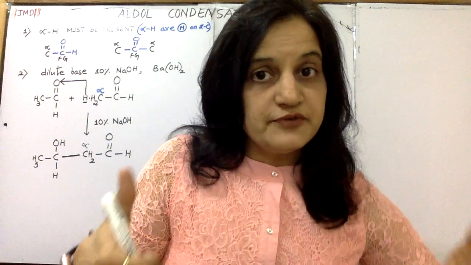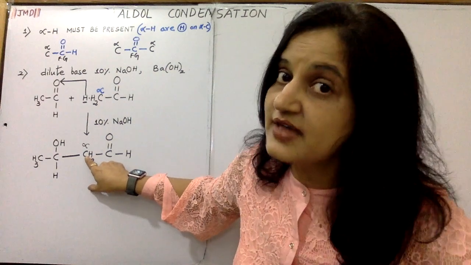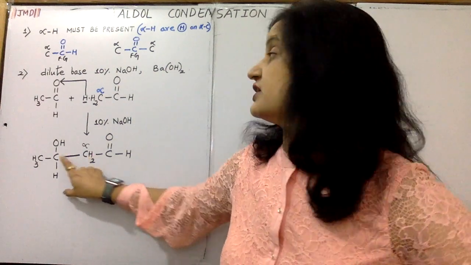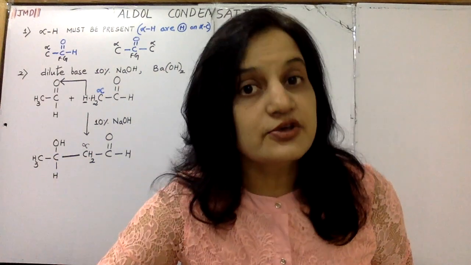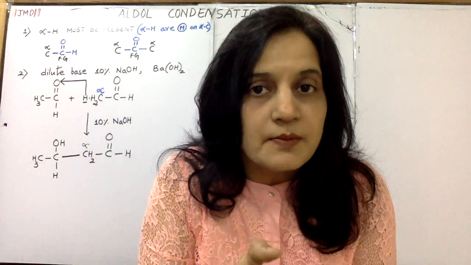The fourth bond of the alpha carbon of one aldehyde and the fourth bond of the carbonyl carbon of another molecule of aldehyde are satisfied by making a new carbon-carbon bond.